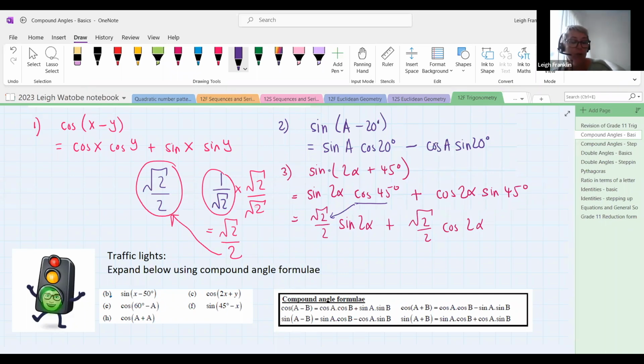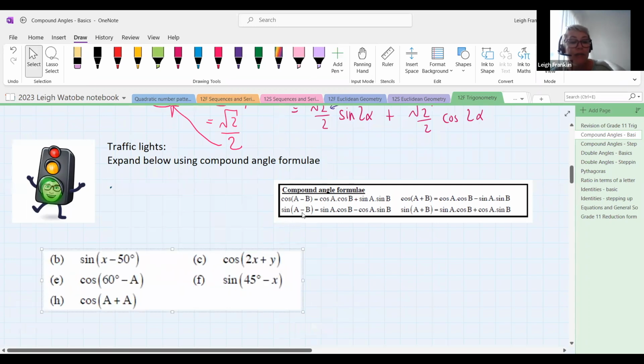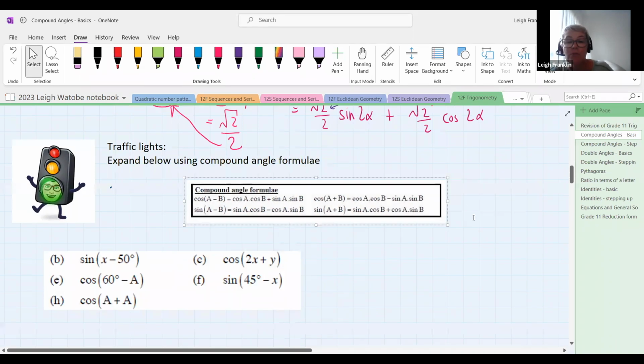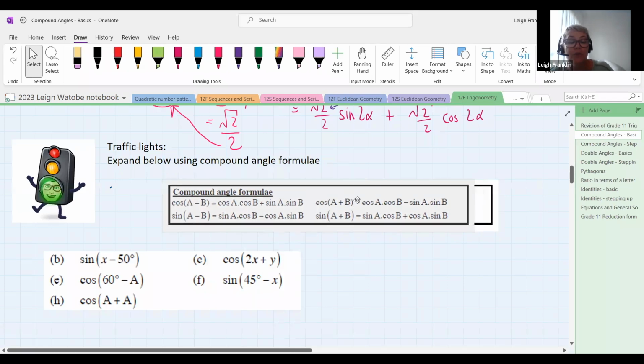So I'd like to give you guys an opportunity just to practice a little bit of this by expanding the ones below. Let's make that a little bit bigger so that you can all see it, and let's make our compound angles a little bit bigger as well. There's a lot here for you to practice.